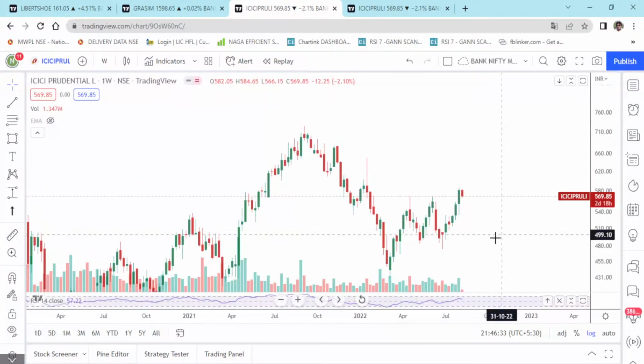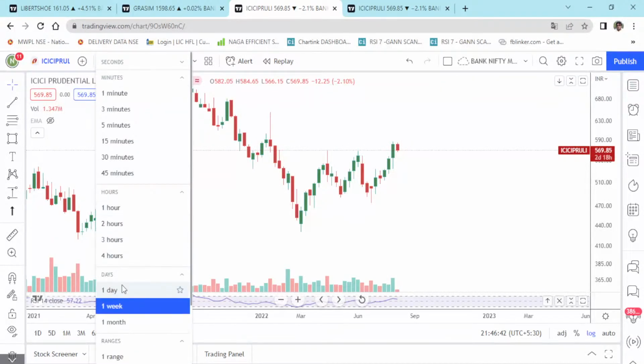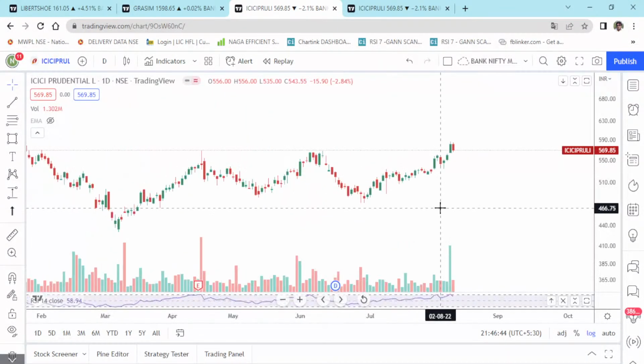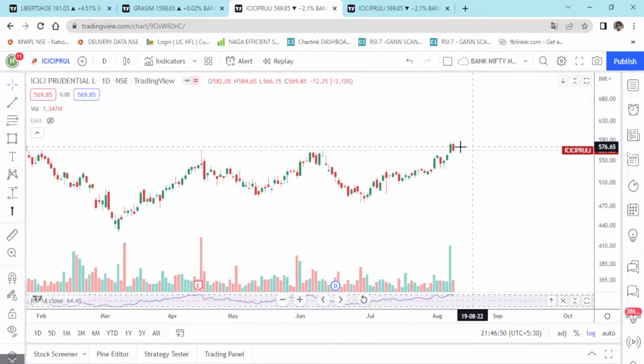So ICICI Prudential has reversed the trend, and if you go to daily we'll have a clear picture. Above this level we are good, so above 566 daily closure we are good.